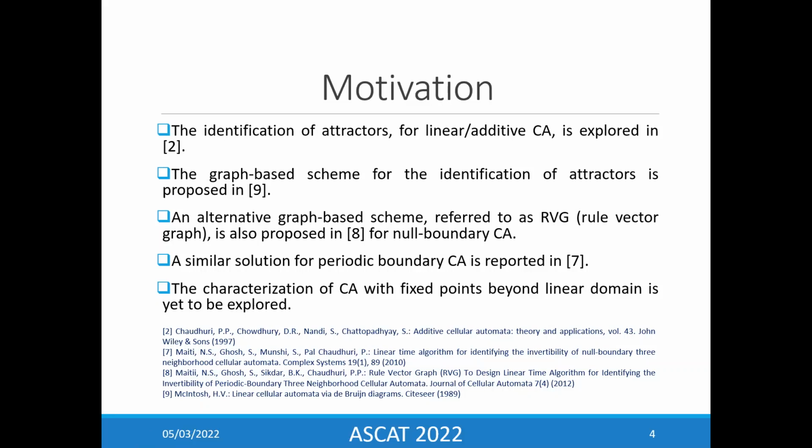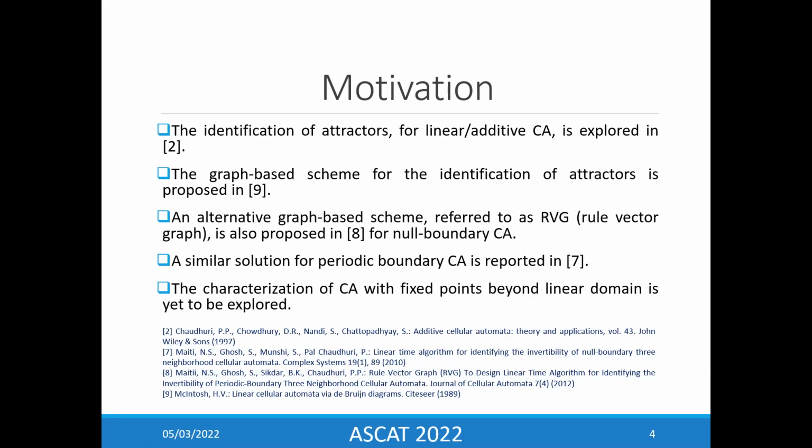They employed the De Bruijn diagram, and proposed a quadratic time algorithm to determine whether a linear CA is reversible or not. Another graph-based scheme, the rule vector graph, was proposed to identify the irreversibility of a CA.